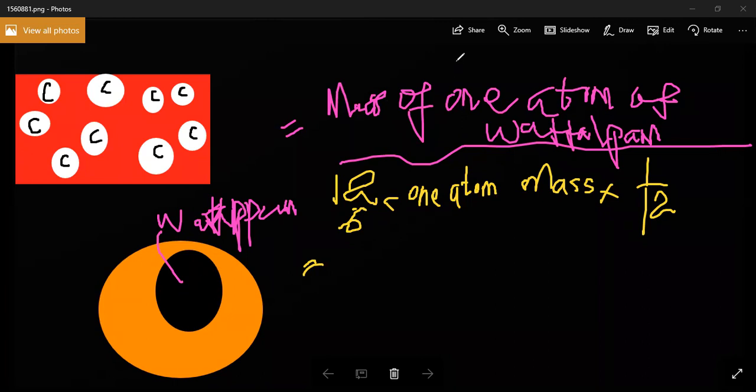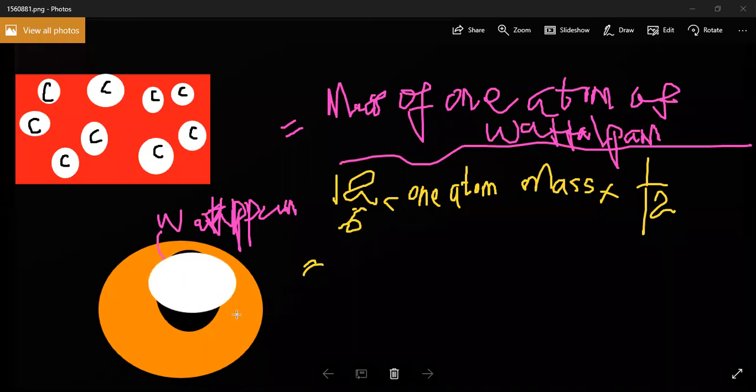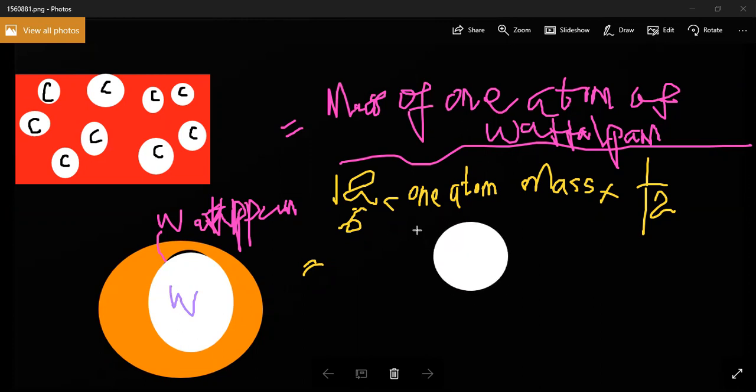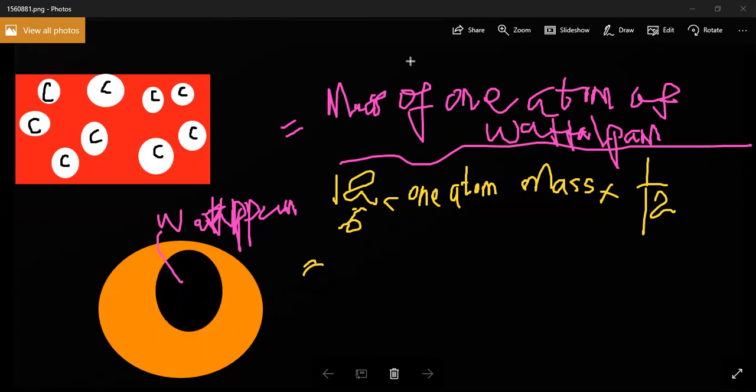Now I'm bringing the Vattalapam picture here. This is Vattalapam. I'm taking a blue color.